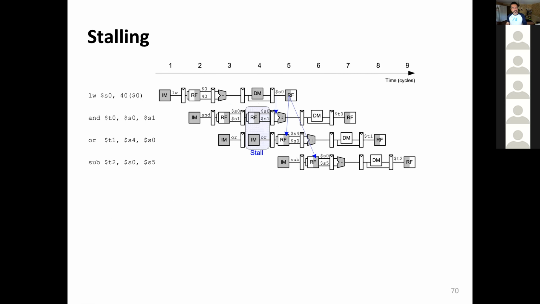So in this case, we need to detect it, and this can happen through detection. It's not straightforward that this stalling should happen. So we have a combination of data forwarding in this example and stalling for this dependent instruction.